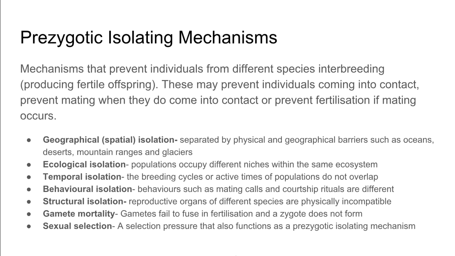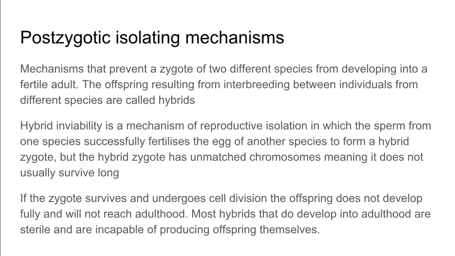Behavioral, where behaviors such as mating calls and courtship rituals are different. Structural isolation, so the reproductive organs of different species are physically incompatible. Gamete mortality, where gametes fail to fuse in fertilization and a zygote does not form. And then there's sexual selection, a selection pressure that also functions as a prezygotic isolating mechanism.